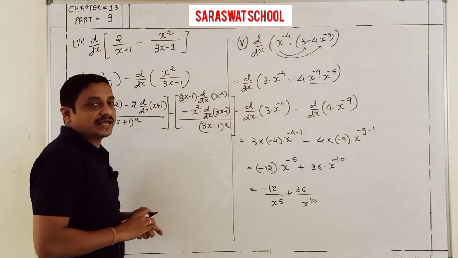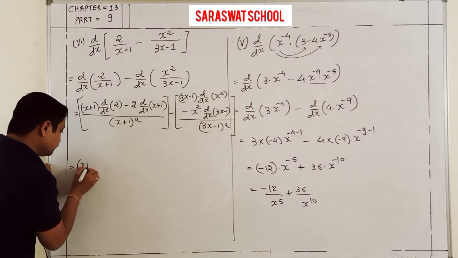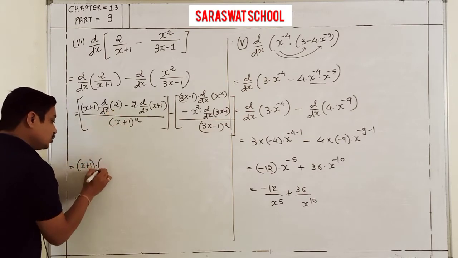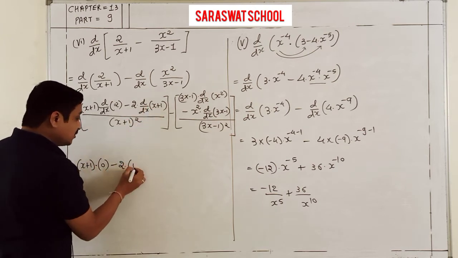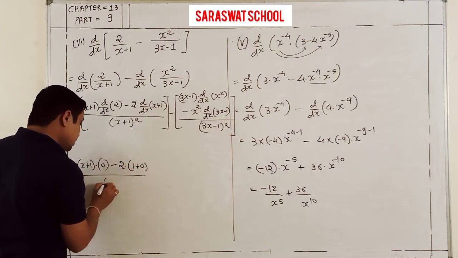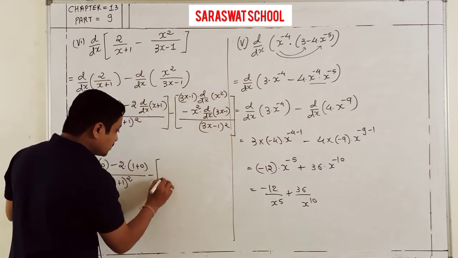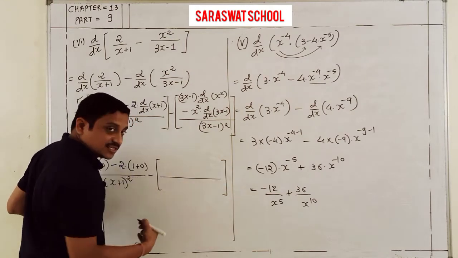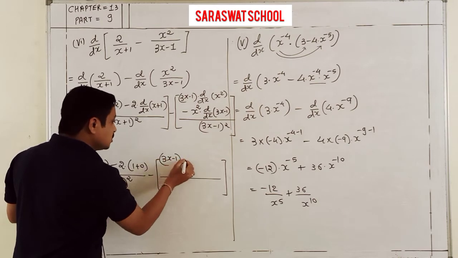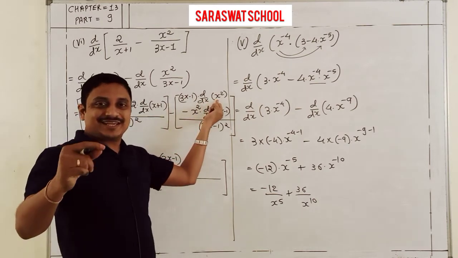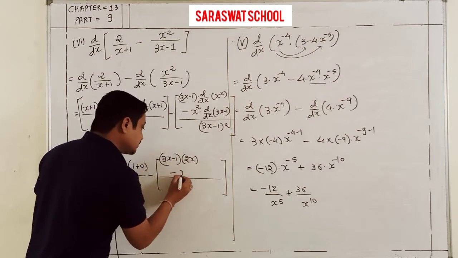Now simply apply both formulas. So my first answer is here x plus 1, the derivative of the constant is 0. Here the derivative of x with respect to x is 1, so 1 times derivative 0, upon x plus 1 whole square, same with the minus. Here minus, that's why I'll take it in brackets, and the calculation is 3x minus 1. So the derivative of x square, you will take x raised to n, I mean 2x, minus x square.